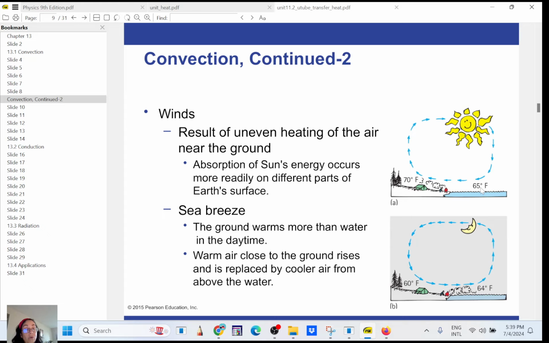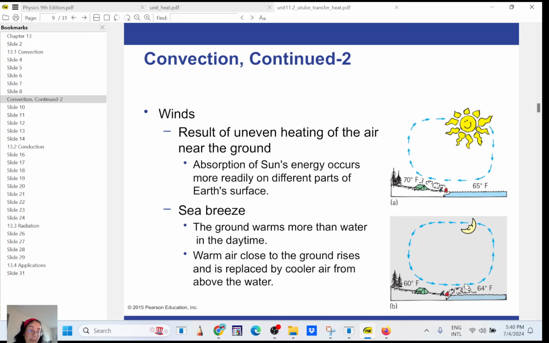So here it will be cool and here it will be hot, right? So hot air will rise from the ground and then it will sink again. Okay, so here you have high pressure because the air is pushing, and here you have low pressure because the air is rising. So high pressure, low pressure, and the hot air is going upward.